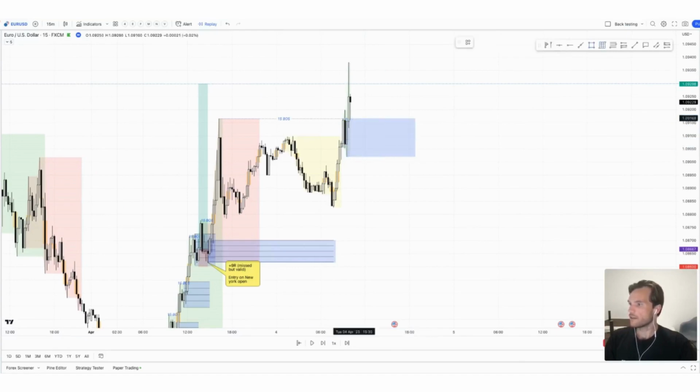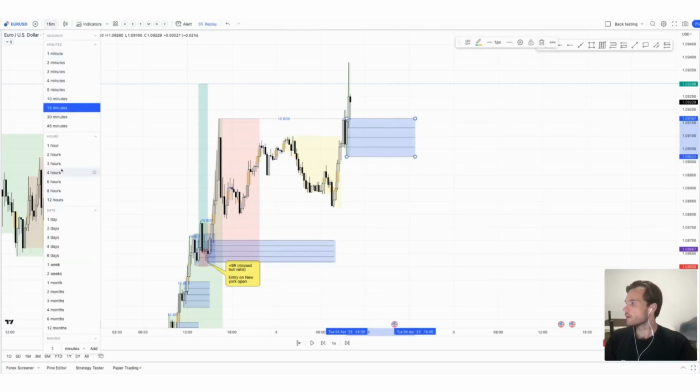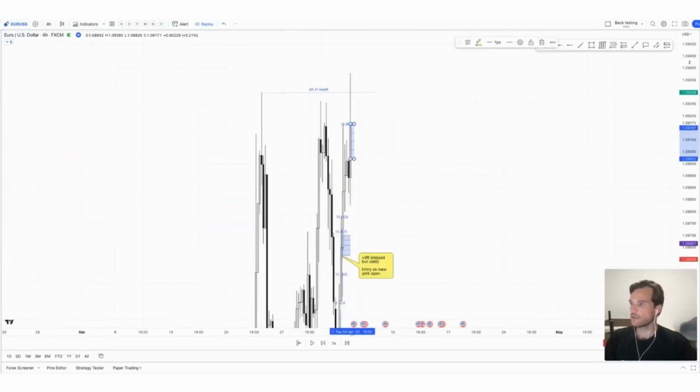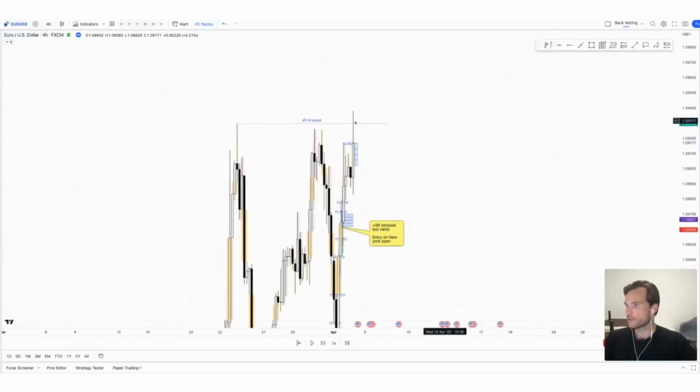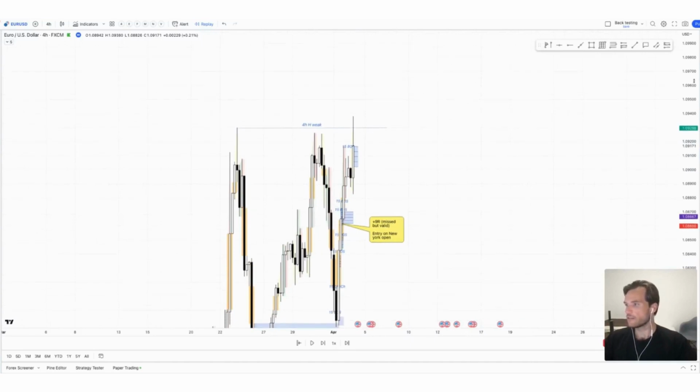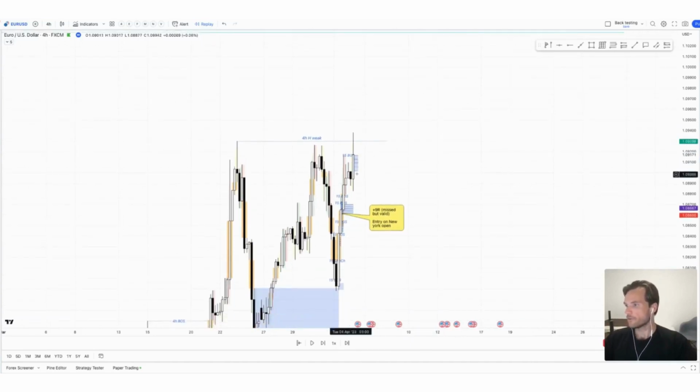And I'd have to zoom out to the 4 hours so it doesn't ruin anything. But it looks like we got a 4-hour close as a wick. Was that right on that point? I'm going to have a look.